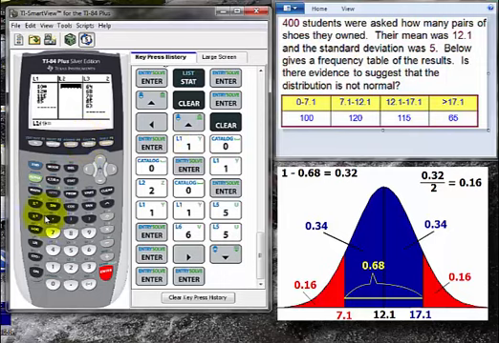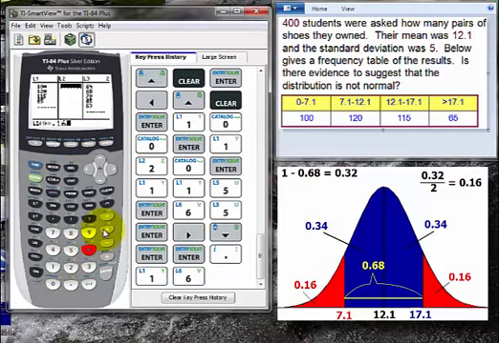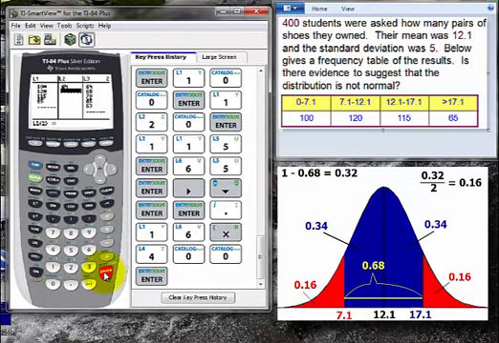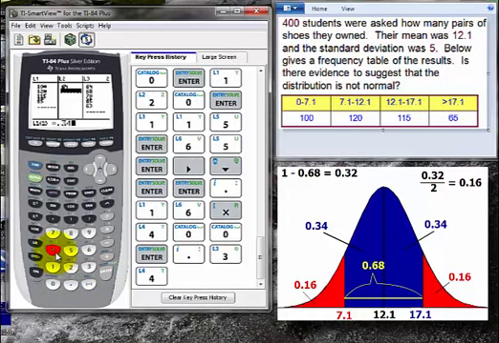So now I'm ready. I can type in 0.16, that's 16%, times 400. And I get 64. Remember, we had 34% that should be in between 7.1 and 12.1. So that's 0.34 times 400.